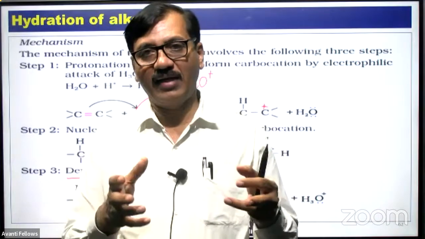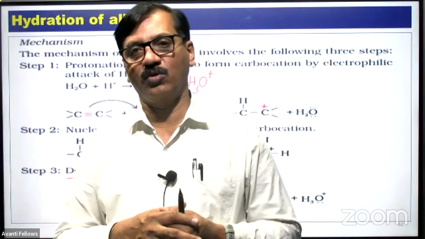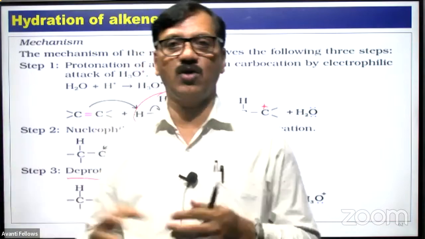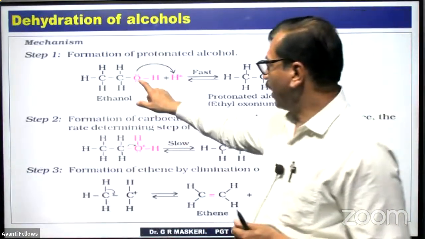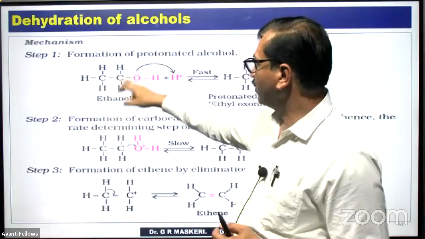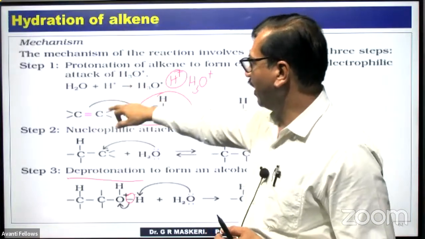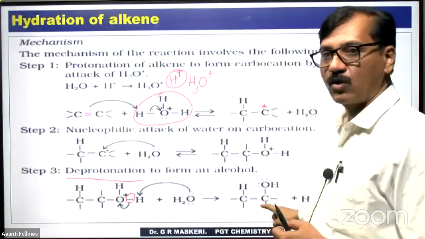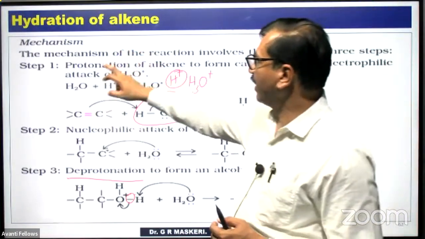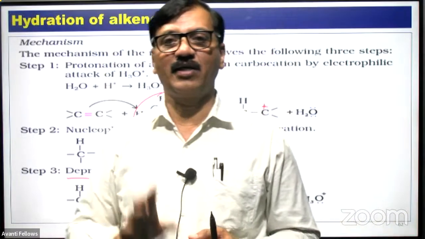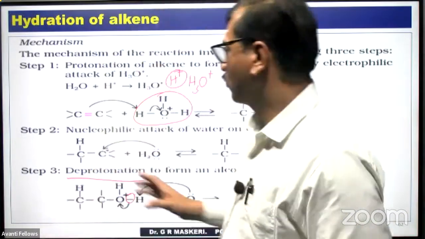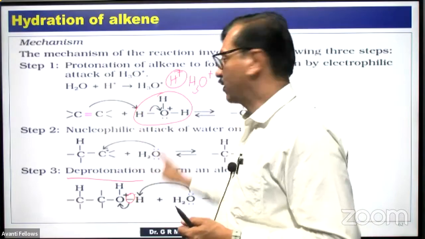When H2O is added to the carbon-containing molecule, the H plus ion goes away, leaving the OH as it is. The starting material was alkene, and now the alcohol is formed. Hydration of alkene gives alcohol. So these are the steps of the mechanism.